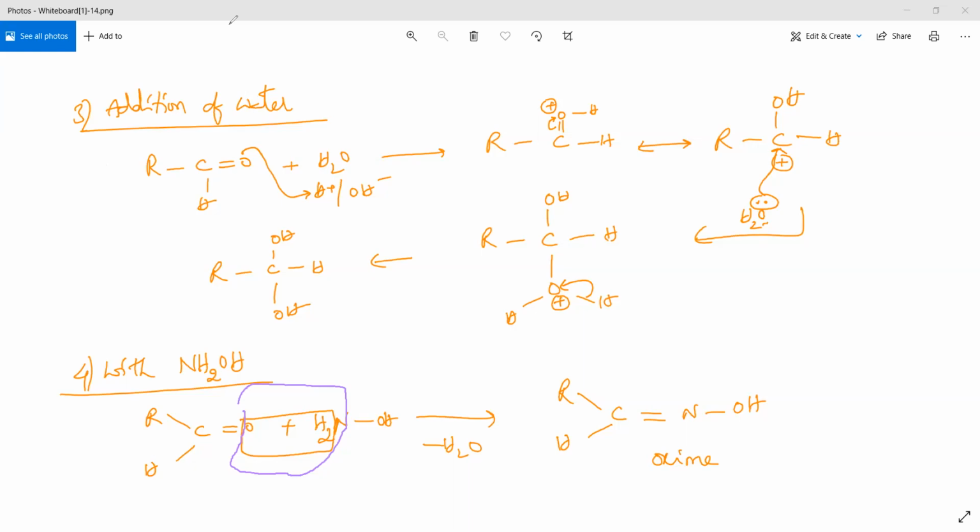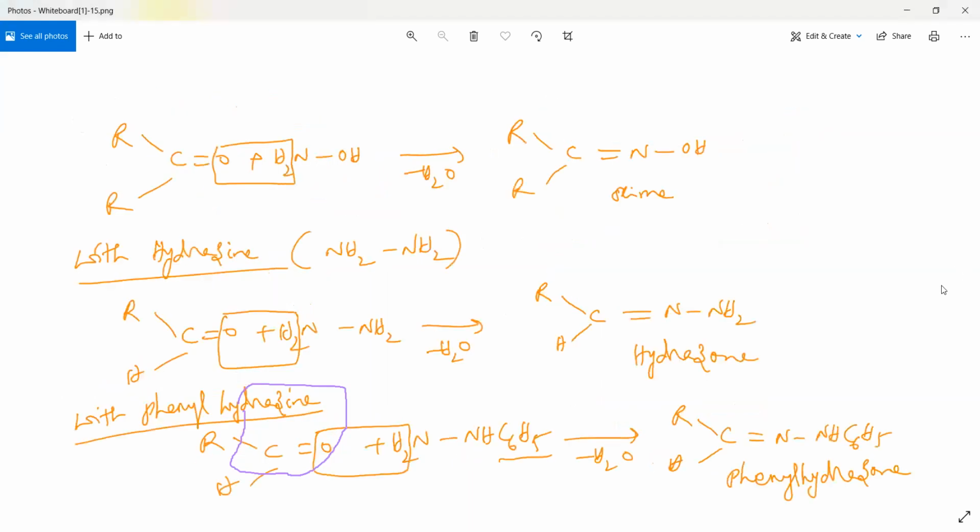Then with hydrazine, phenylhydrazine, always remember that. What do you have to remember? Elimination of water molecule.